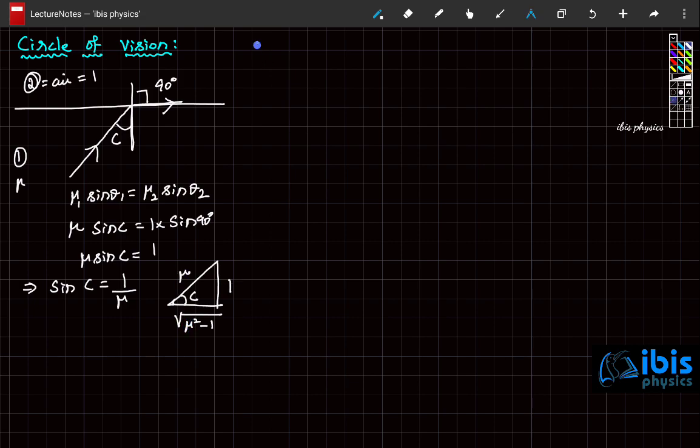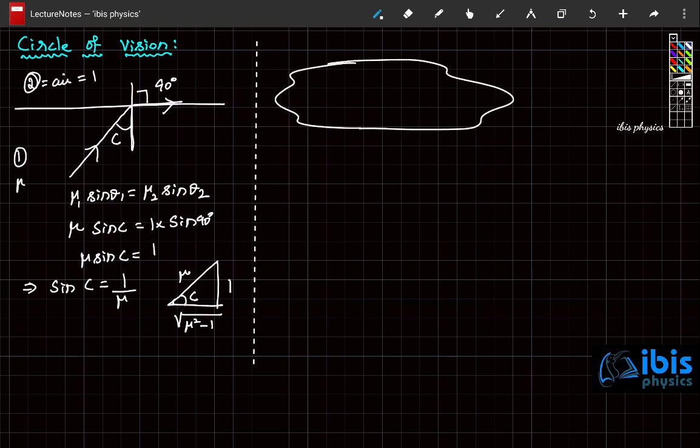So what happens to a fish? How does it see outside? Suppose this is the pond boundary, and the fish is here. When the light travels at the critical angle, it grazes the boundary. In all directions, when light travels here, it grazes the boundary. So all of these will form a circle.